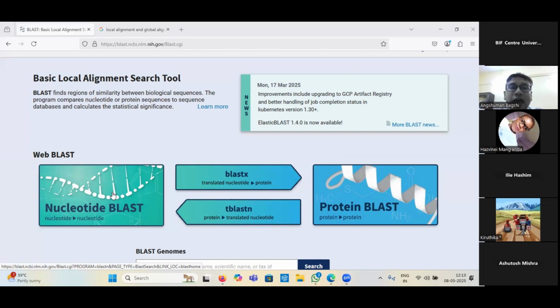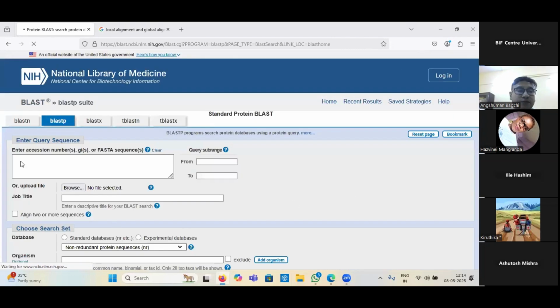Because proteins are the main functional elements, the functional biomolecule. Nucleotides code for the protein, fine. Nucleotides only code for the protein. Nucleotides generate the protein, but proteins perform most of the functions, right? So in general, we perform the protein BLAST. So let me show you how you do the protein BLAST.